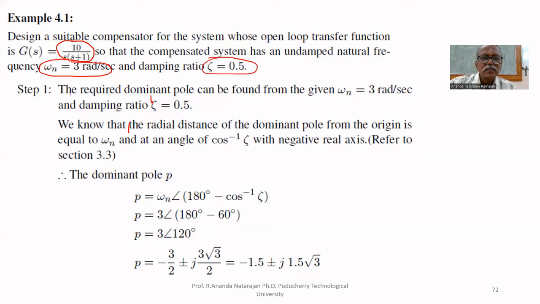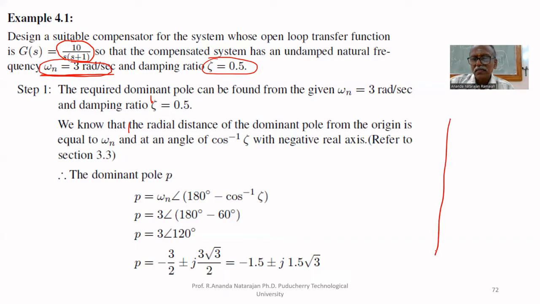The meaning is that the pole at which we are operating the system should have omega n equal to 3 radians per second and zeta equal to 0.5. That is the question.